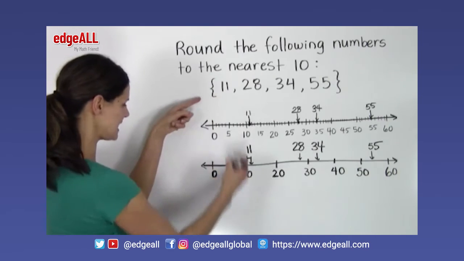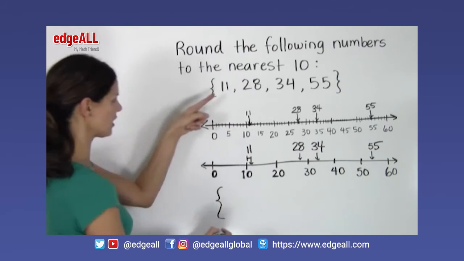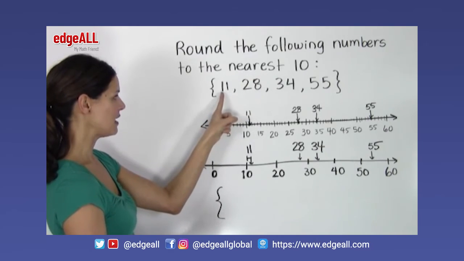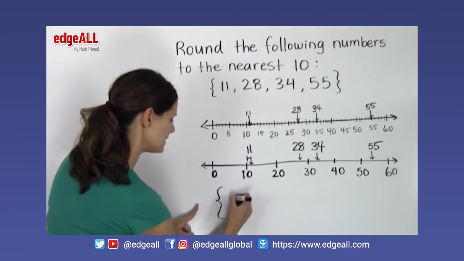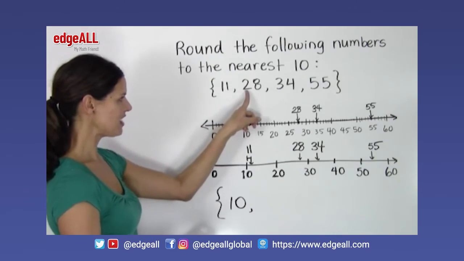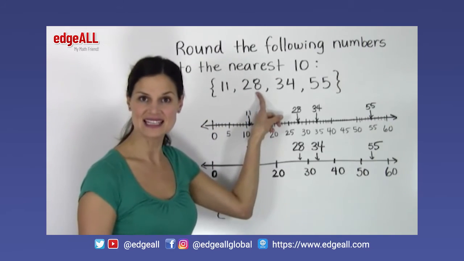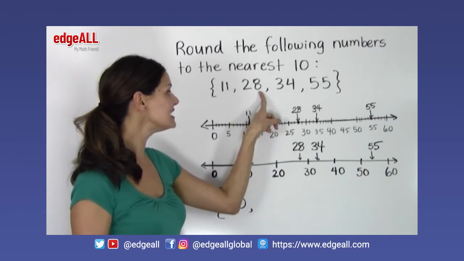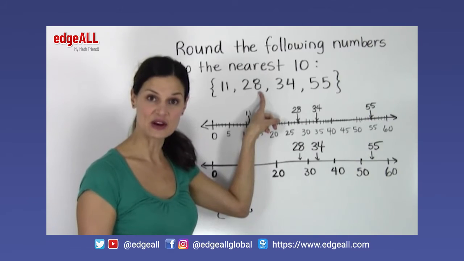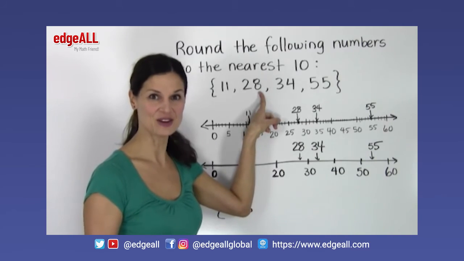So if I'm asked to round these numbers to the nearest 10, my 11 here is going to be rounded down to a 10. Now let's take a look at the 28. I look at the last digit, the 8, and I see that that is either a 5, 6, 7, 8, or 9.